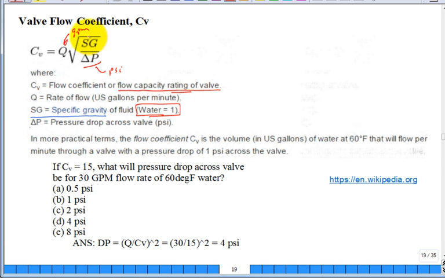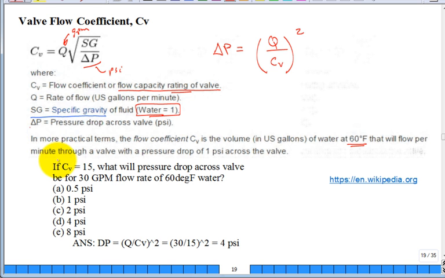So you could rewrite this equation to say that delta P is equal to Q divided by Cv, squared. Is that correct or not? All right. This is typically for 60 degree F water.